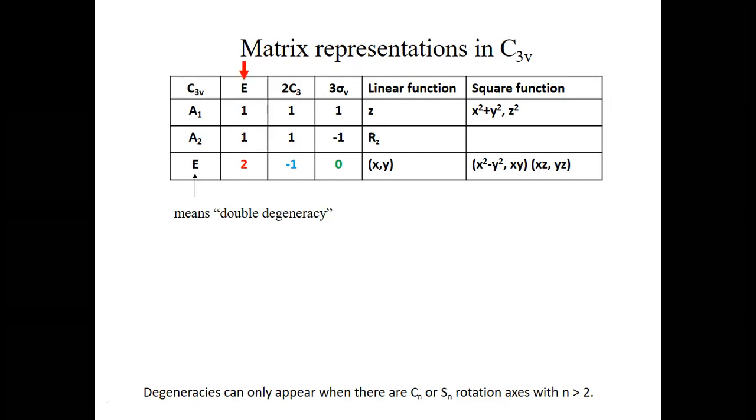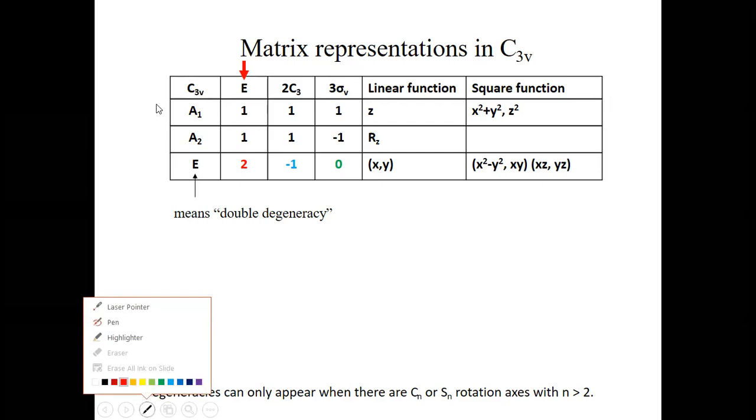So now, like before, to the very left, you see the point group symbol and the symmetry types that exist within that point group.